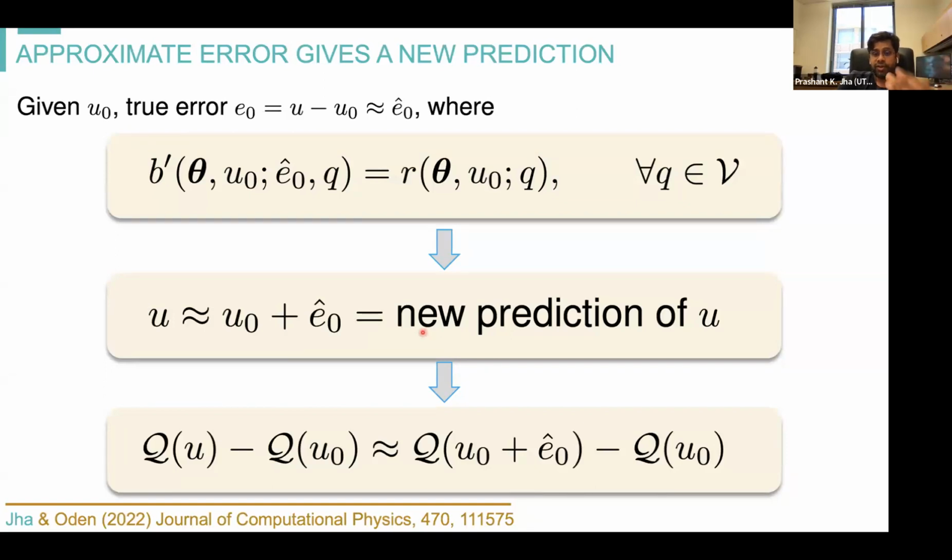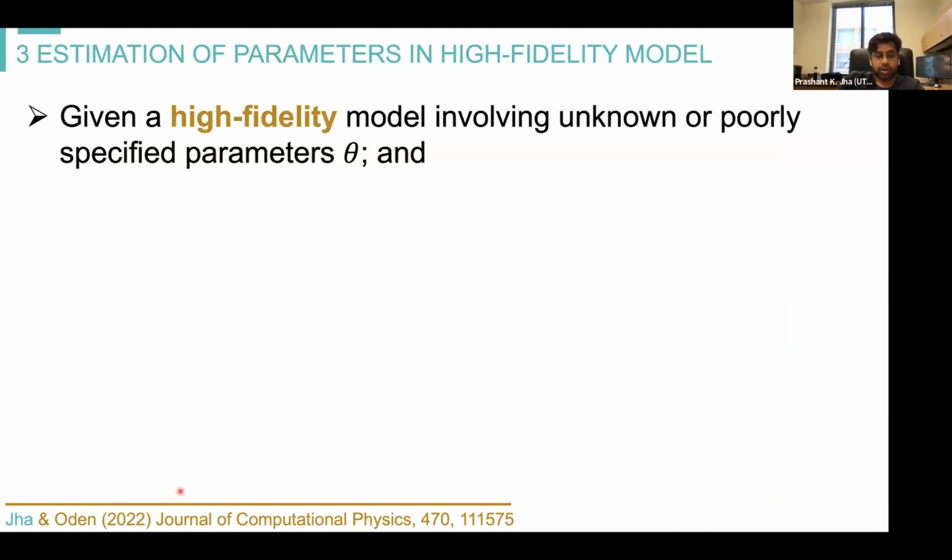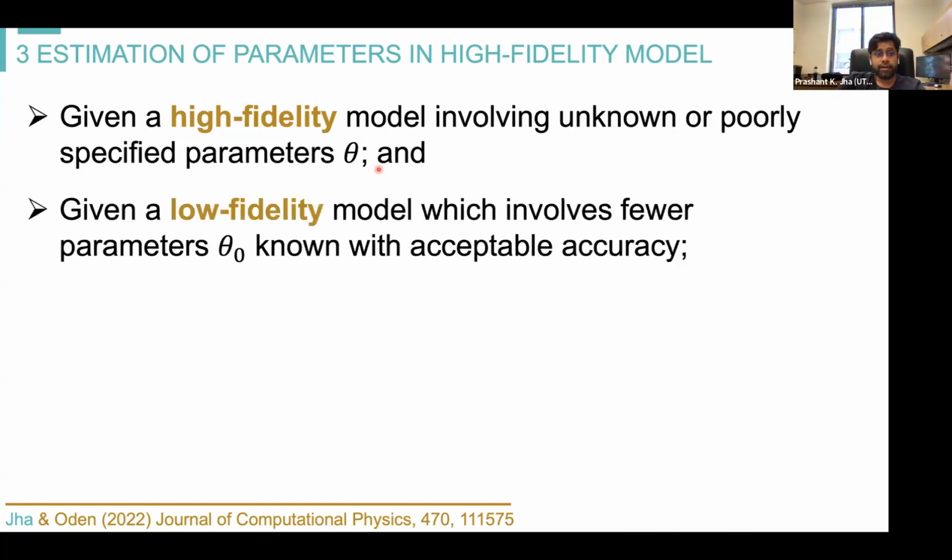But before I really bring this machinery to neural networks, let me talk a little bit more about my work that appeared in JCP. Here we want to use that estimate to solve this problem of calibrating a high fidelity model. So consider this scenario. Given a high fidelity model involving an unknown or poorly specified parameter theta, and also let's say we have some low fidelity model with its own parameter theta 0, which we'll assume that we know with acceptable accuracy.